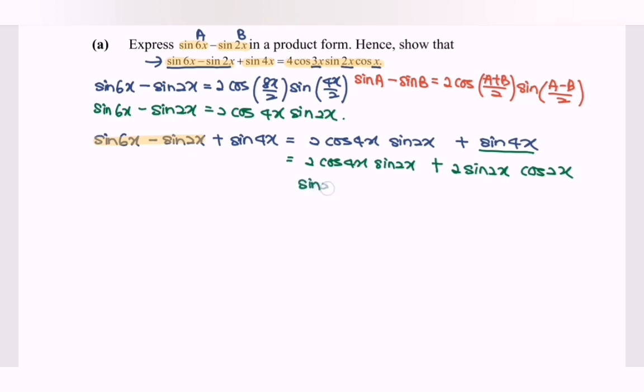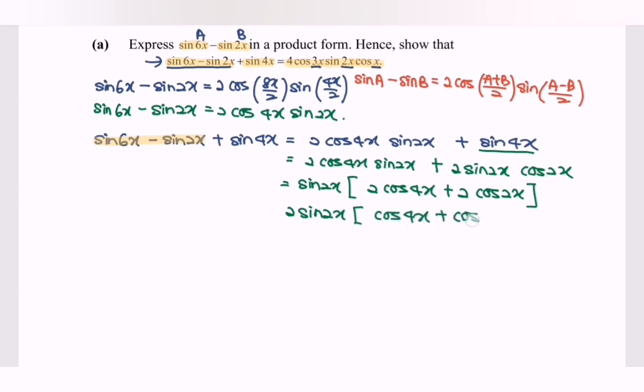Sine 2x bracket 2 cos 4x plus 2 cos 2x. Factor out the 2 and we will have 2 sine 2x bracket cos 4x plus cos 2x.